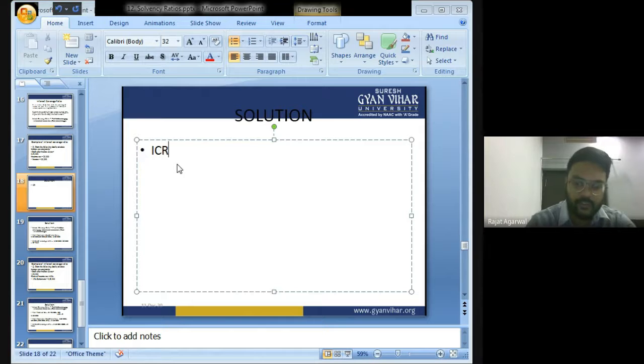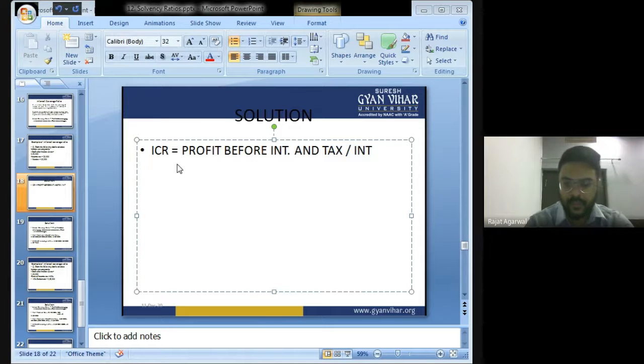Interest coverage ratio. What is the formula? Formula is profit before interest and tax divided by interest.